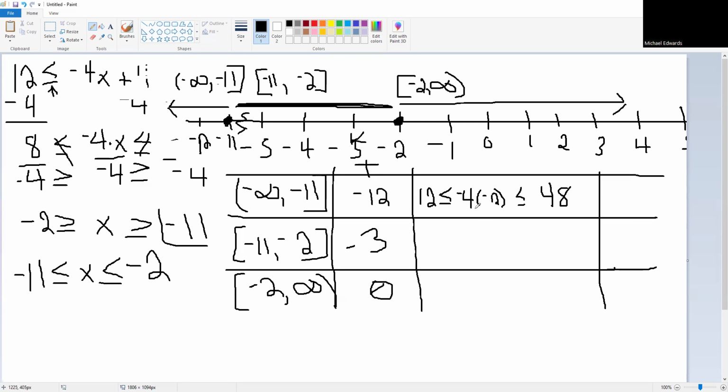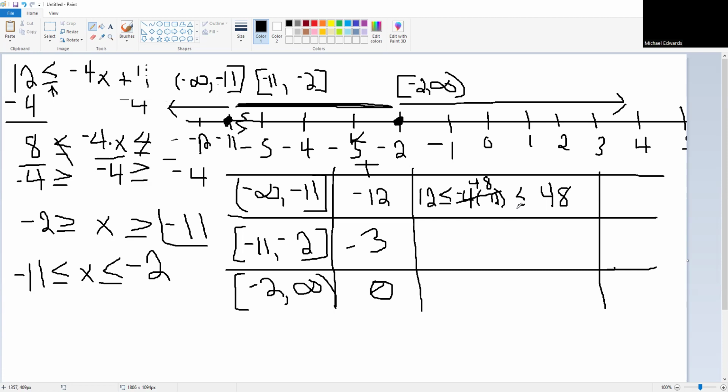So negative 4 times negative 12 is actually going to be a positive number. 12 times 4 is 48. So is 12 less than, so it's going to be 48. Is 48 less than or equal to 48? Well, yeah, I think it might be.